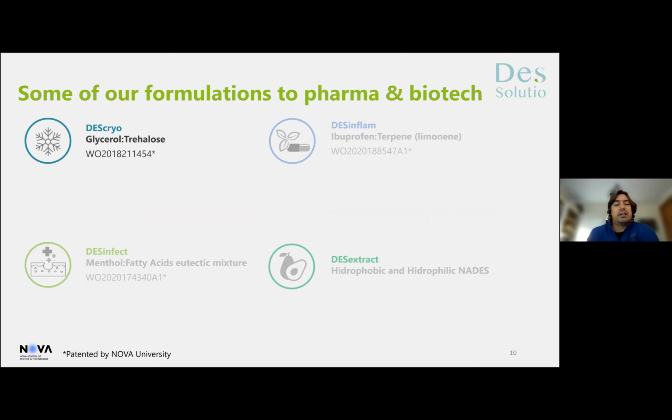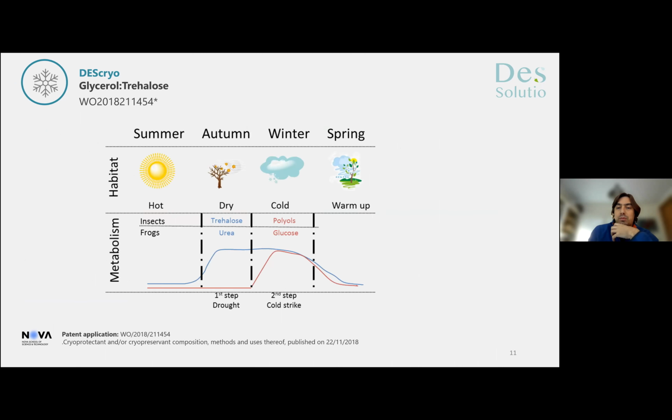Another interesting market, and just to go away a little bit from extraction and nutraceuticals, because with deep eutectic solvents we always talk about being inspired by nature. What inspired us here was looking at animals that survive environments with a very high amplitude in temperature.